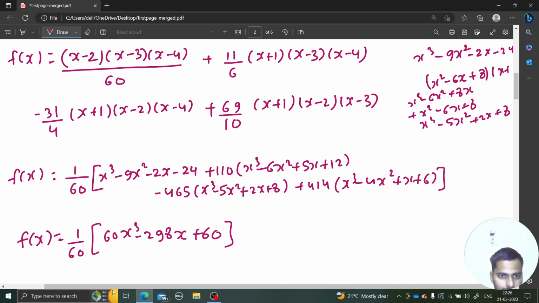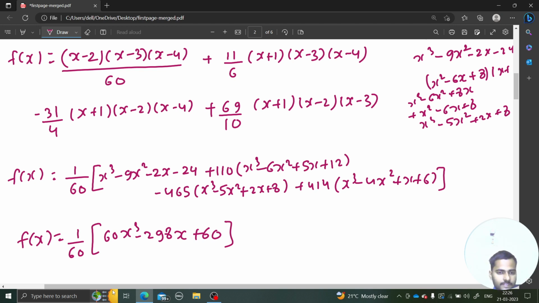Let's do it once again. So it is minus 2, plus 550, minus 465 into 2, plus 414. 32. Again, 32 by 60 is anyway not going to give me minus 1.